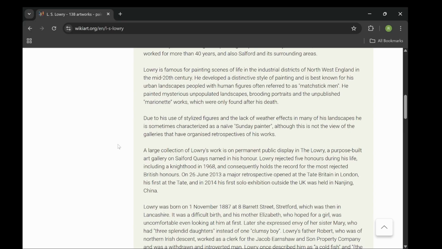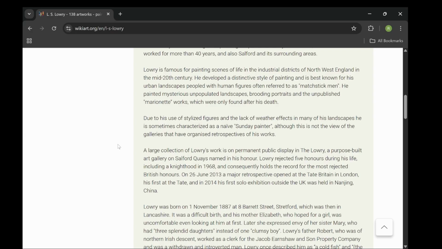He painted mysterious, unpopulated landscapes and brooding portraits, and the unpublished marionette works. Now, they're quite interesting, and I would recommend watching the documentary In Search of Lowry, which I think I'll put a link to in the description.